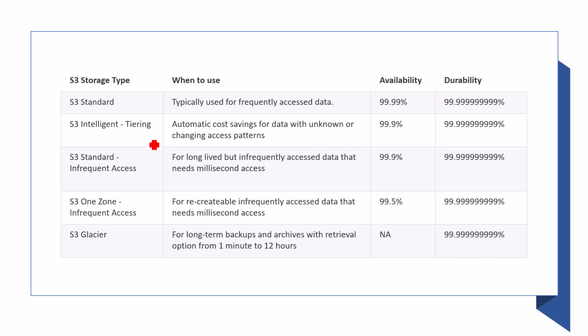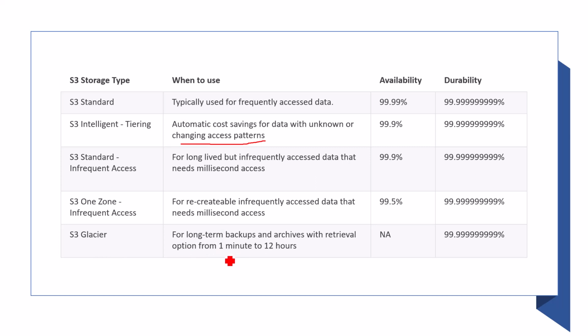It always runs the logic to find unknown and changing access patterns, and on that basis moves the data. But the main S3 storage types are S3 Standard, S3 Infrequent Access, One Zone Infrequent Access, and S3 Glacier.